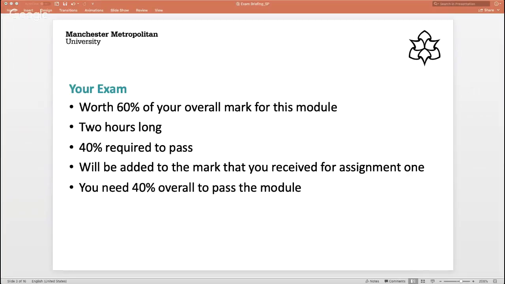As with all assessments, the required pass for an exam is 40%, and you're going to need to be able to get 40% of the overall pass for the module. So when you add your mark from coursework 1 and your mark from the exam together, it should be 40% to pass this module. So we just want you to understand how this fits together with the other assessment that you're currently working on.